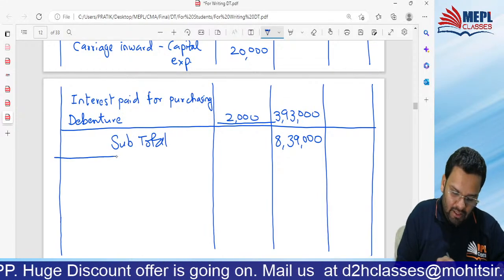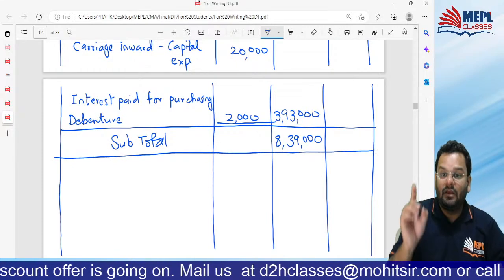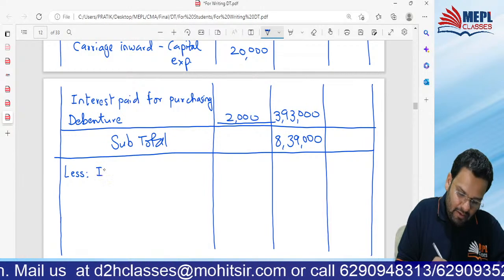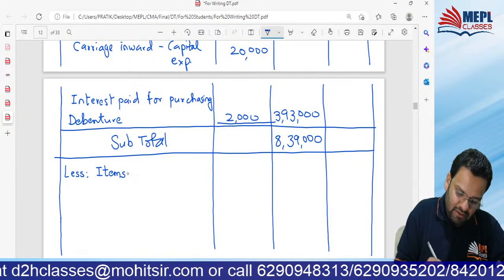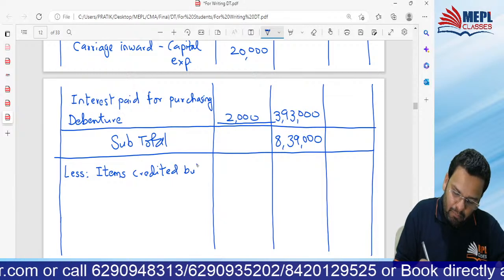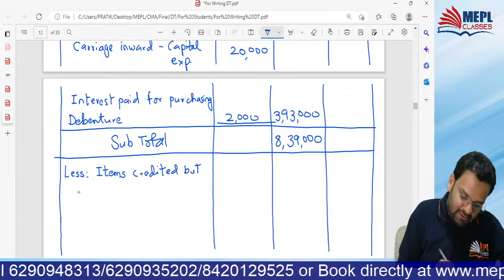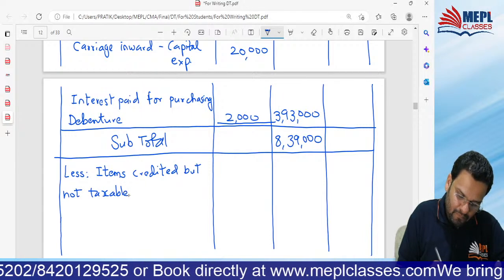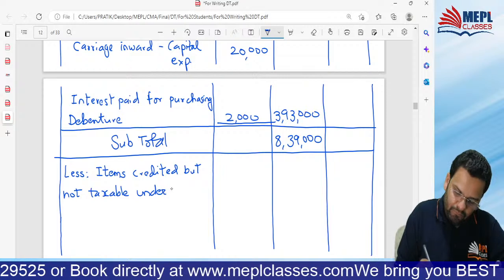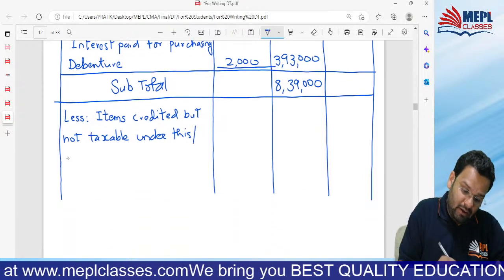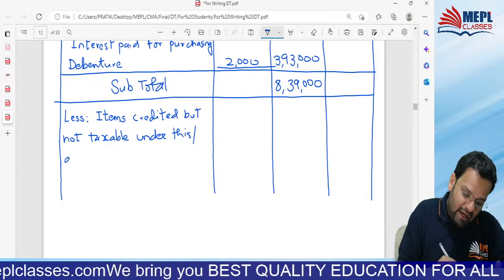Now go ahead and less. What do you less while calculating PGBP? Items credited but not taxable under this head, slash incomes allowed, that is allowances.